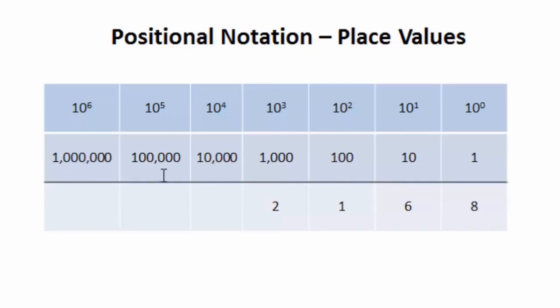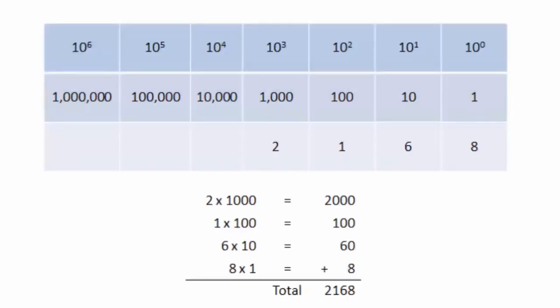So you can see that the place values are based on powers of 10. If we look at the number 2,168 then, in long form, we can see that effectively we have 2 1,000s, 1 100, 6 tens, and 8 ones, and 2,000 plus 100 plus 60 plus 8 totals 2,168.